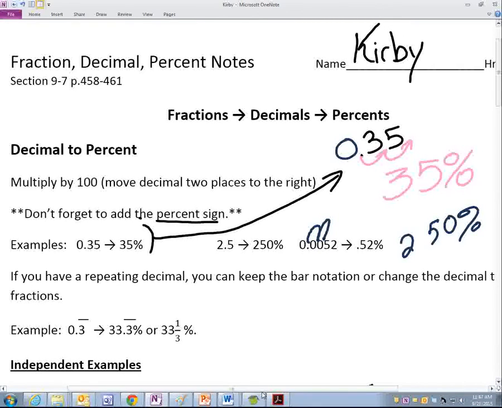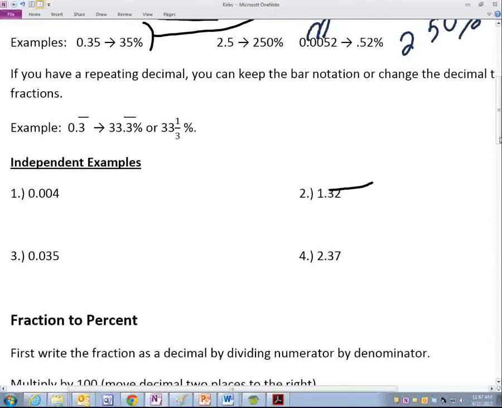If you have a repeating decimal in this situation, you can keep the bar notation or change the decimal into fractions. For example, we have 0.3 repeating becomes 33.3 repeating percent, or 33 1/3%. Things to remember for this whole unit are that 2/3 is equal to 0.6 repeating.